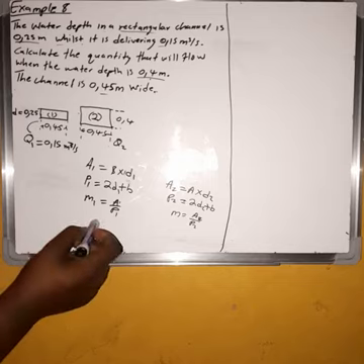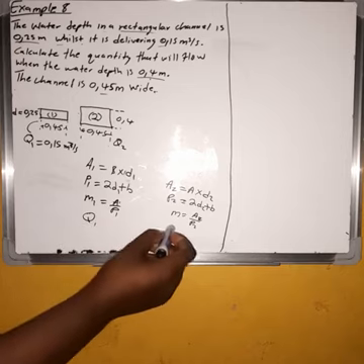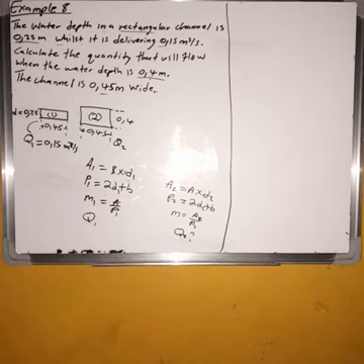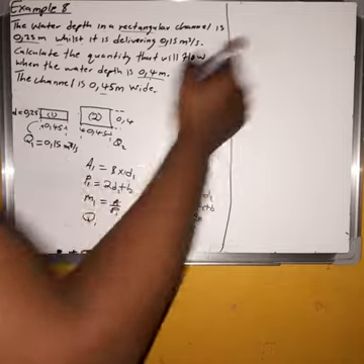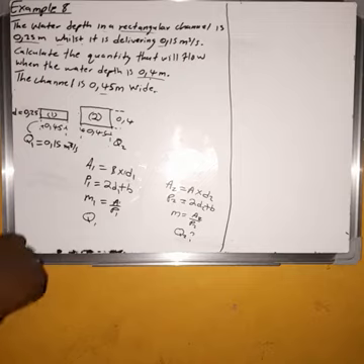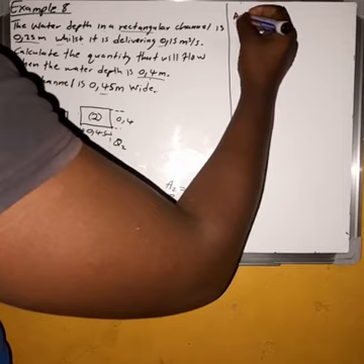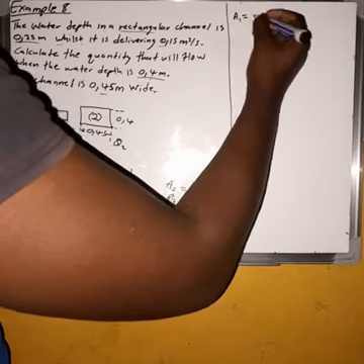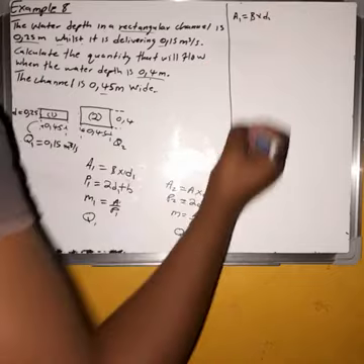We have Q1, which is good, but we don't have Q2. Let us apply. Step 1, let us calculate the areas. Area 1 is B multiplied by D1.